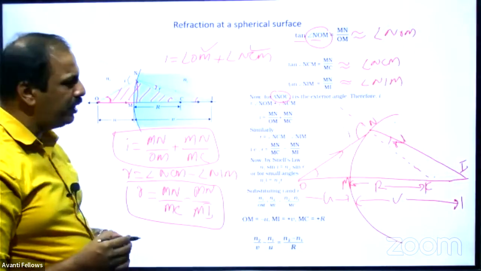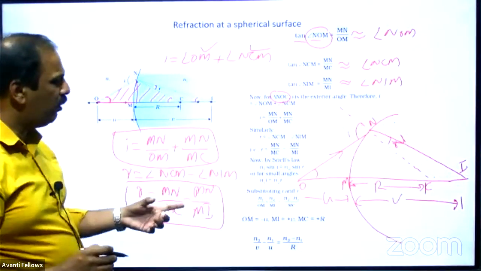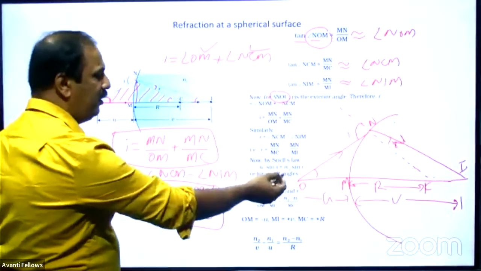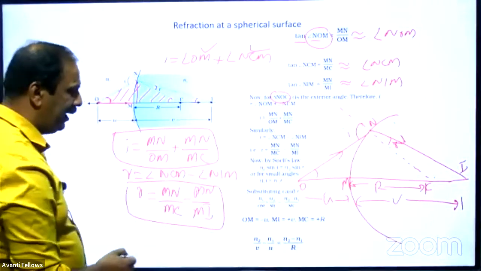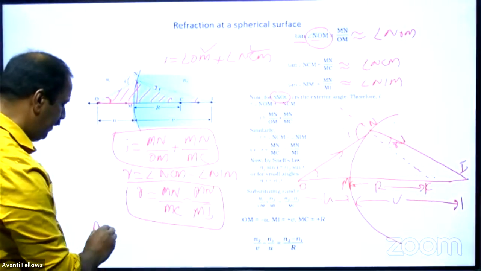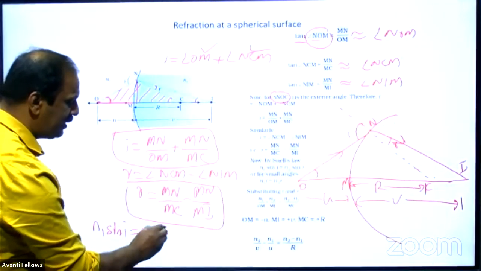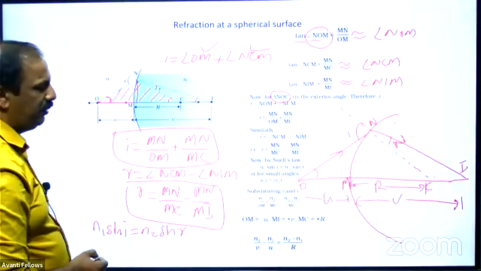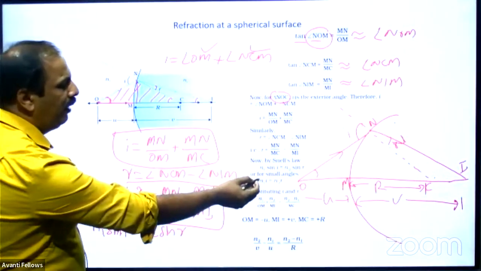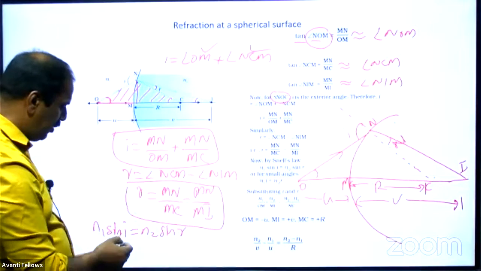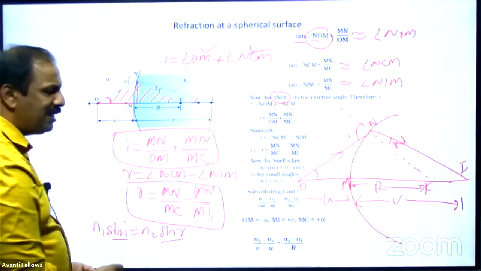Now what we have to do is use our Snell's law. Sin I by sin R is equal to refractive index, or N1 sin I is equal to N2 sin R. That is just rearranging. Here also, for small angle, sin theta is equal to theta.